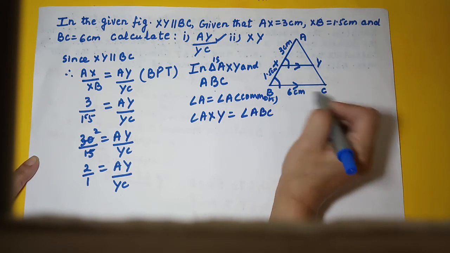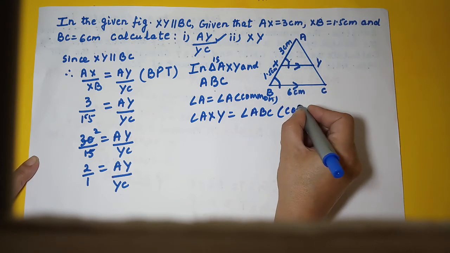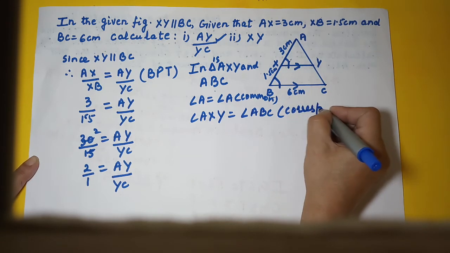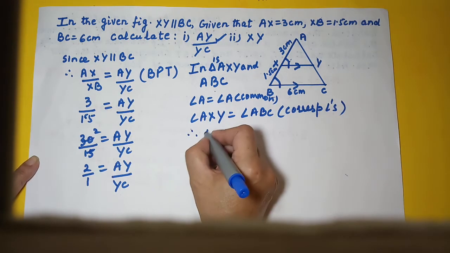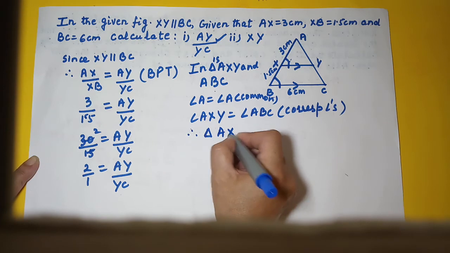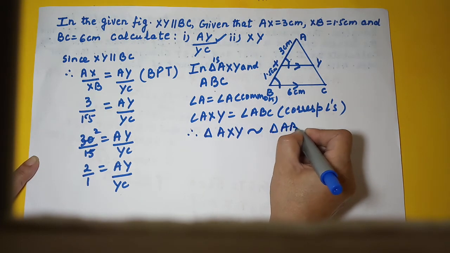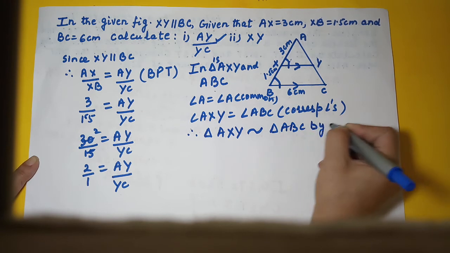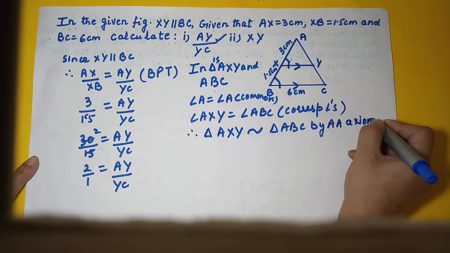Because XY is parallel to BC. So these two are corresponding angles. Fine. So therefore triangle AXY is similar to triangle ABC by AA axiom. That's how we will write this.